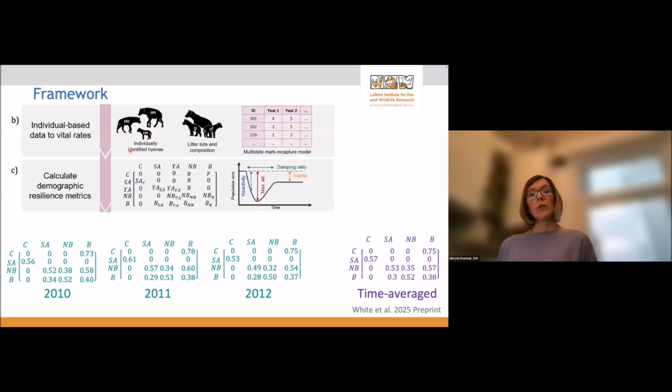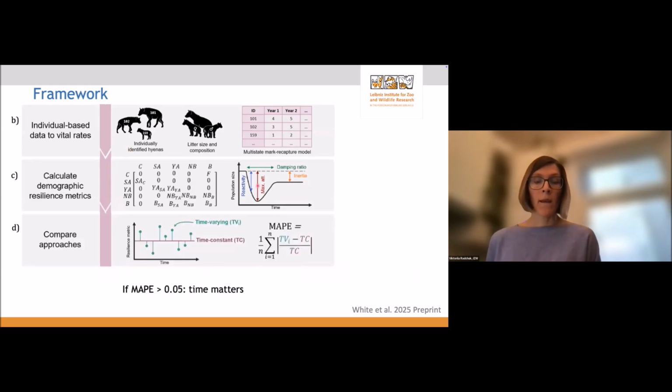We then also did what is commonly done currently. So we averaged the vital rates over time to obtain a single time-averaged matrix, which is shown in violet. And then we also used this one to calculate the resilience metrics under the so-called time constant approach. And finally, we assessed the discrepancy between both approaches by using the mean absolute percentage error.